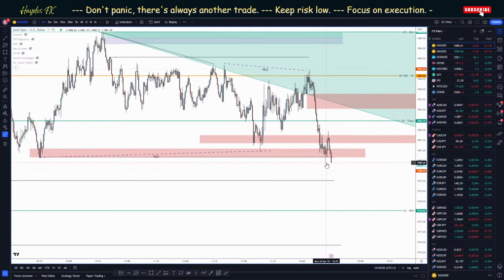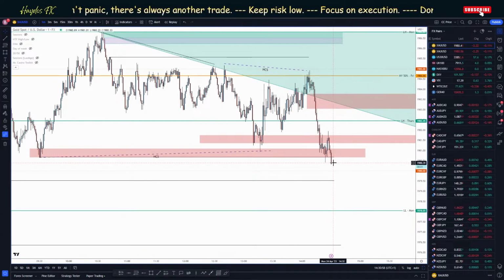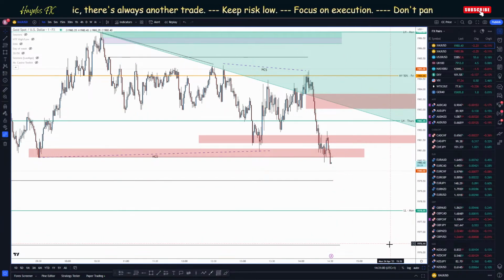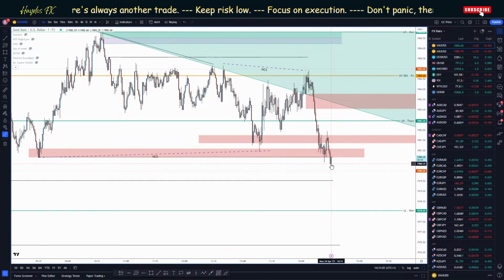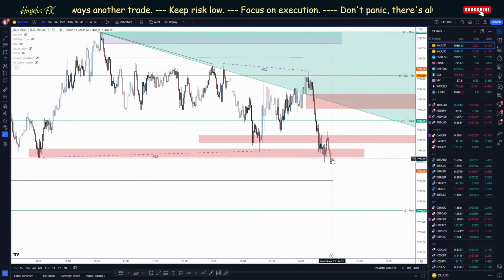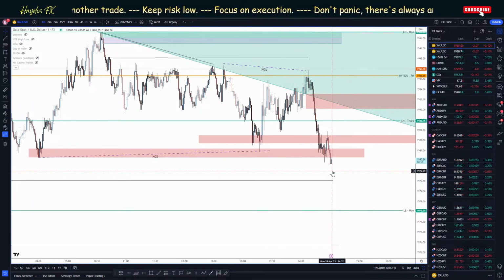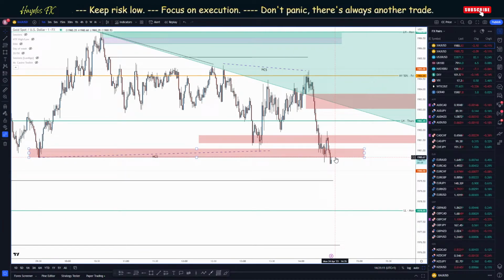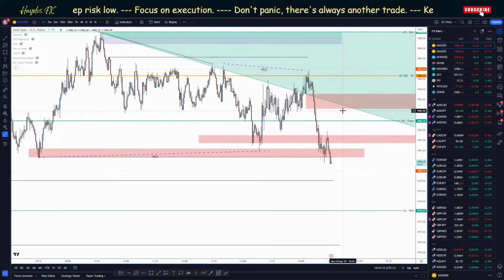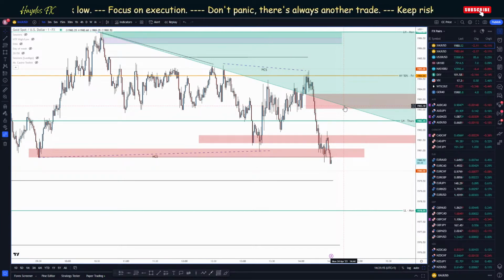Here we go, breaking the low, beautiful. Now, got a 1 minute close below, no bottom wick, dangerous. Hasn't hit the key level yet of 1980. So early sellers might get flushed. Or is price just going to give it to them? And then I miss out.